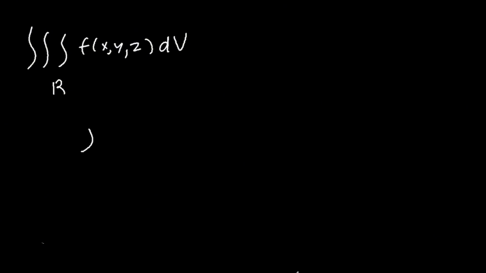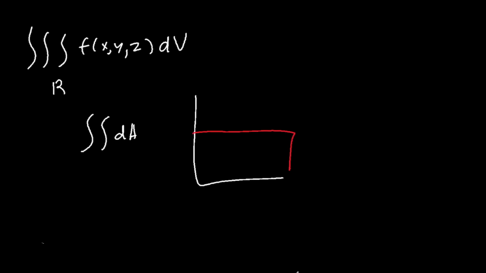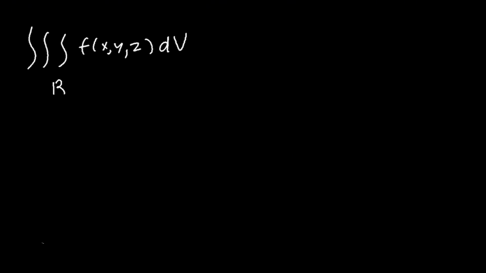So in double integrals, you're going to have a dA, and you can draw out the area you're integrating over, like a square or rectangle. And I actually drew that out. Now in the case of triple integrals, you can do that too. Let's try to draw this out right now. I'll try my best to draw a 3D graph. Okay, and then I'll draw a square here.